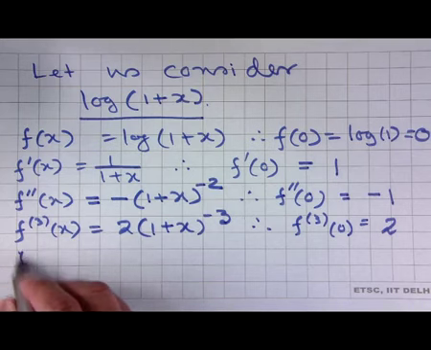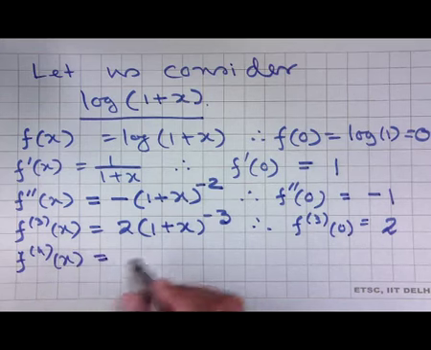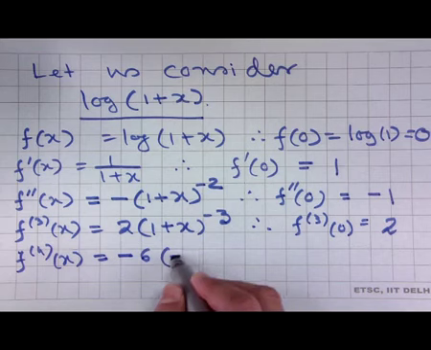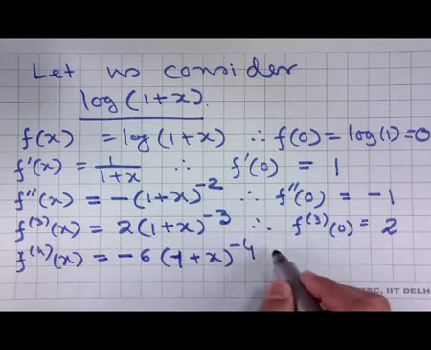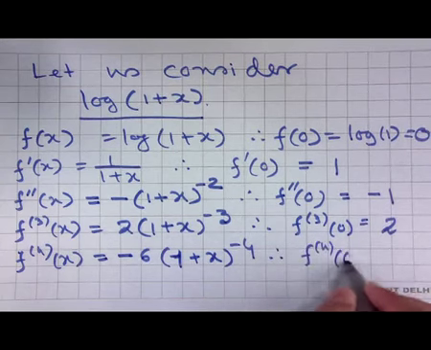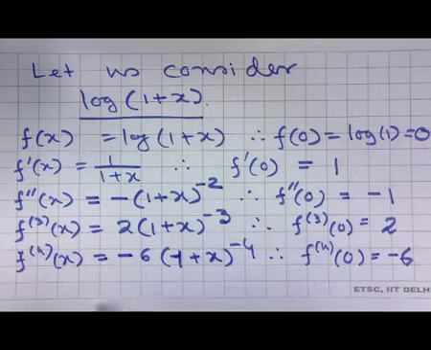The fourth derivative of x is going to be minus 6 into 1 plus x whole to the power minus 4. Therefore, f 4 at 0 is equal to minus 6.